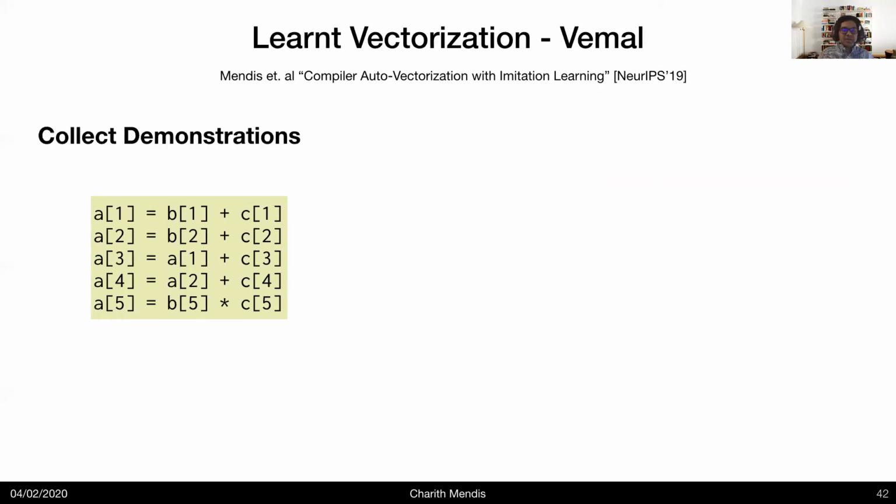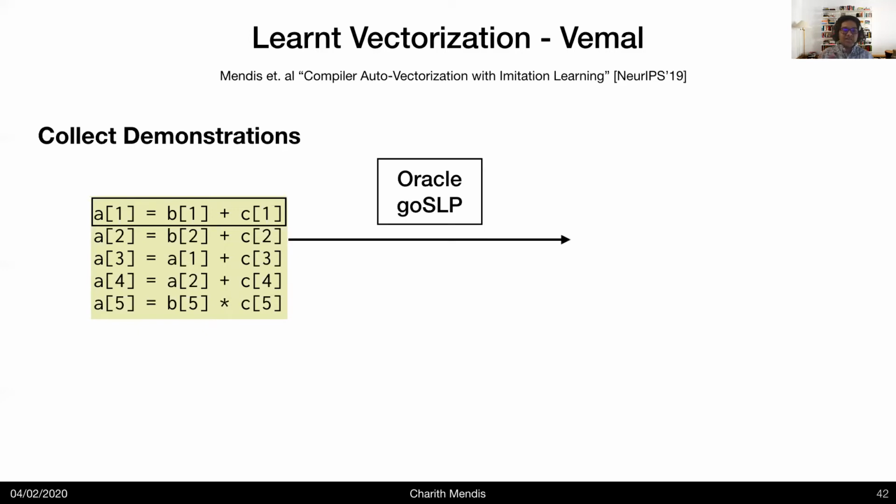So the first step in this strategy is to collect demonstrations or to collect experiences. So for a given program and a given state, and for a given statement, we are going to ask the ILP solver, or the ILP formulation of the vectorization problem, what it's going to do for vectorization.